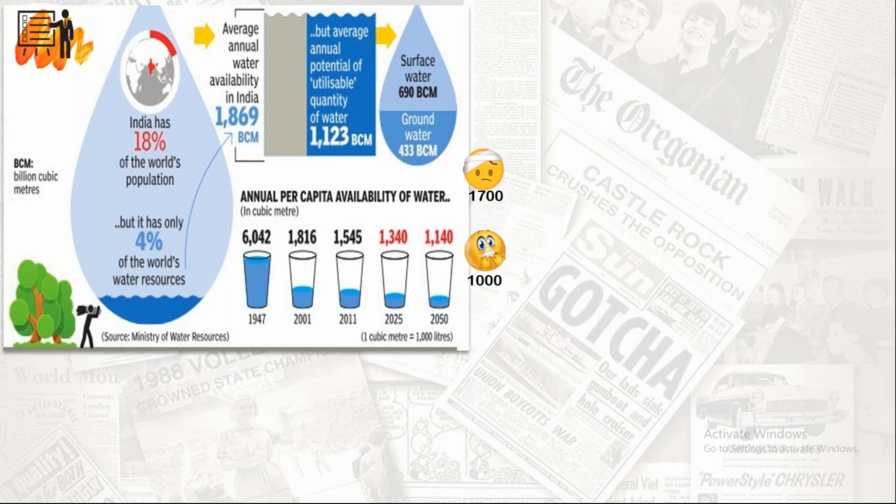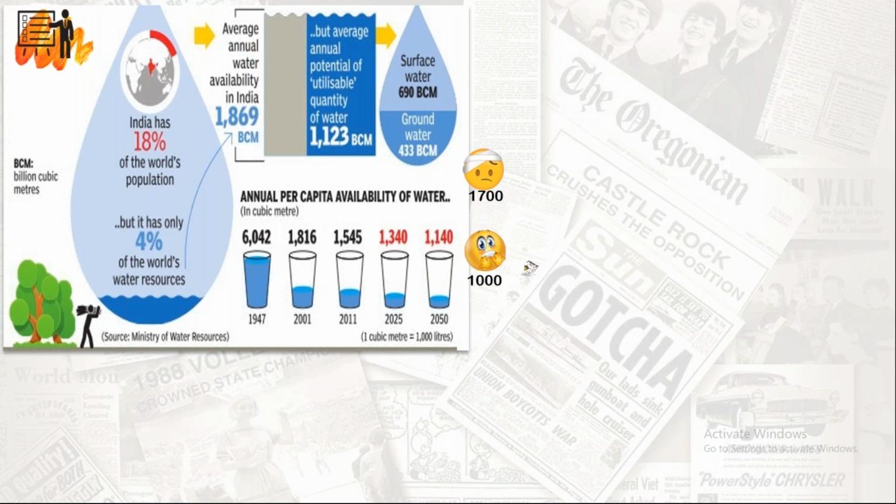But when we see the other face of the coin, we are facing so much of a problem. In 1947, the per capita water availability was 6,000, but now in 2020-21, we have only one fourth of that, reaching towards a scarce condition.